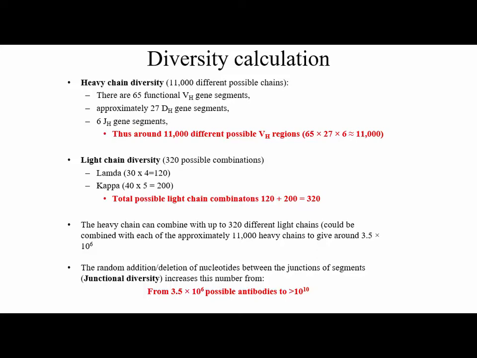So that process of somatic hypermutation, where we're adding or removing nucleotides in the gaps of the V, D, and J and the gaps of V and J, that is what gives us the ability to create vast diversity. So that's why I need you to use this slide to convey your understanding of how we create the diversity and the importance of diversity.